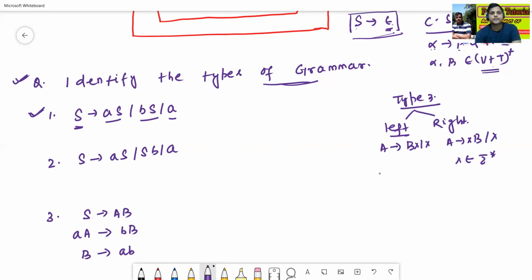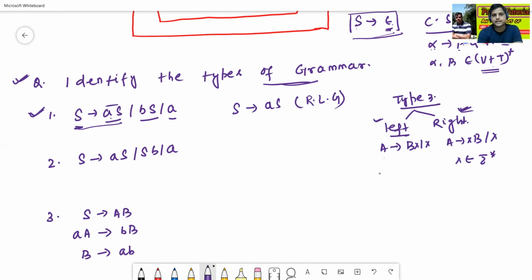Now I'll check whether this belongs to left or right linear. See here, the production A to AS is similar to right linear grammar, in the form A to xB. This is called right linear grammar.